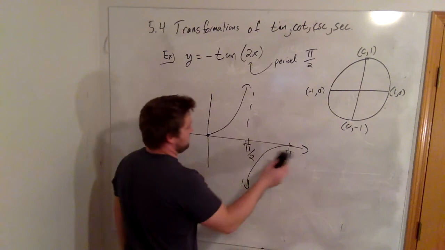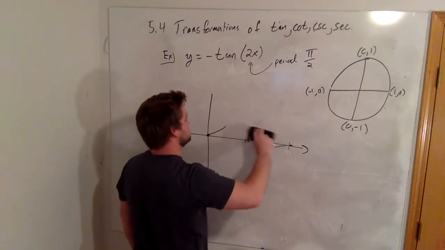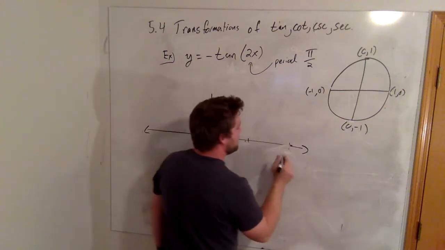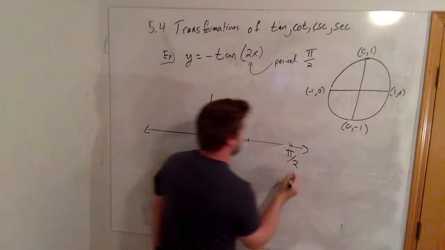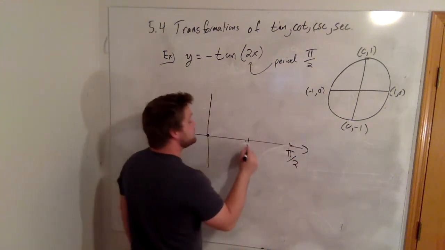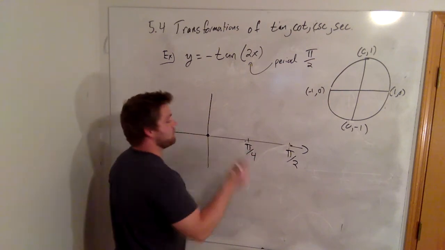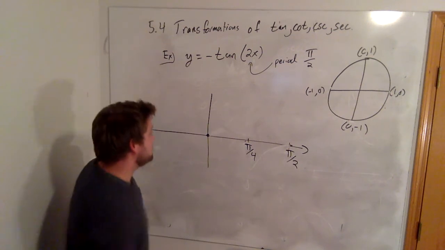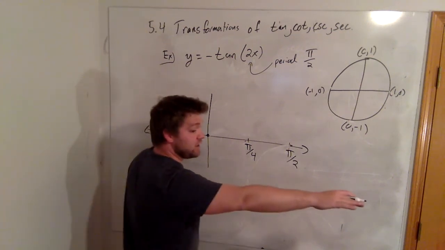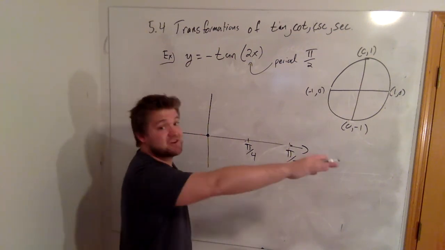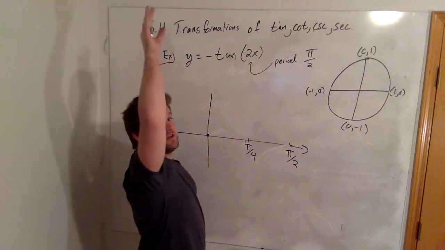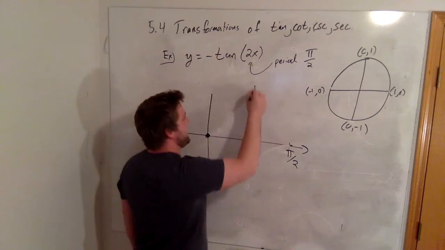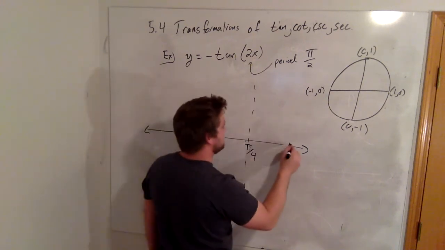Okay, but now my period is shorter. Since my period is pi over 2, I'm going to go pi over 2, then cut that in half to get pi over 4. Then I have these 3 spots to look at. Tangent starts out at an x-intercept, then it's undefined, then it's 0 again. So it's going to go x-intercept, asymptote, x-intercept.